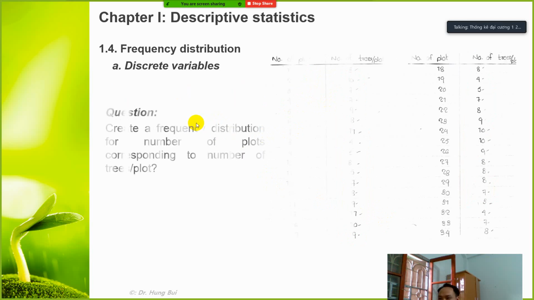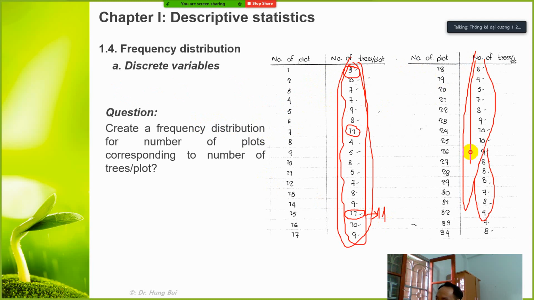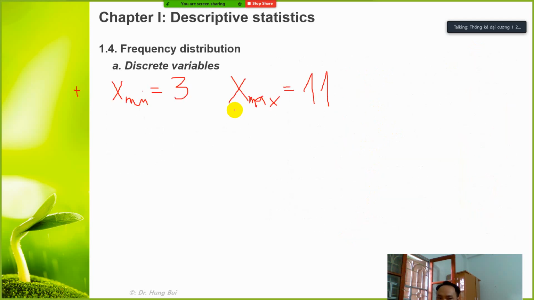Very easy, right? So you have to look at the data sets like this, and then try to find the smallest value here, and try to find the biggest value here. Very easy. Now we move on to the second step. What is the second step, guys?